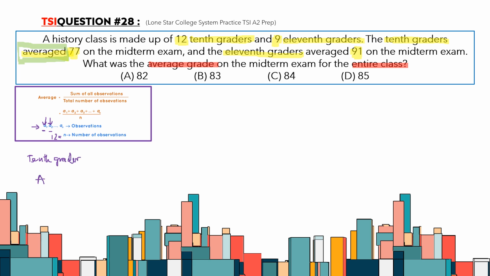The average for 10th graders is the sum of the scores of the 12 10th graders, the test scores, and n is how many students are involved in this average, so 12.